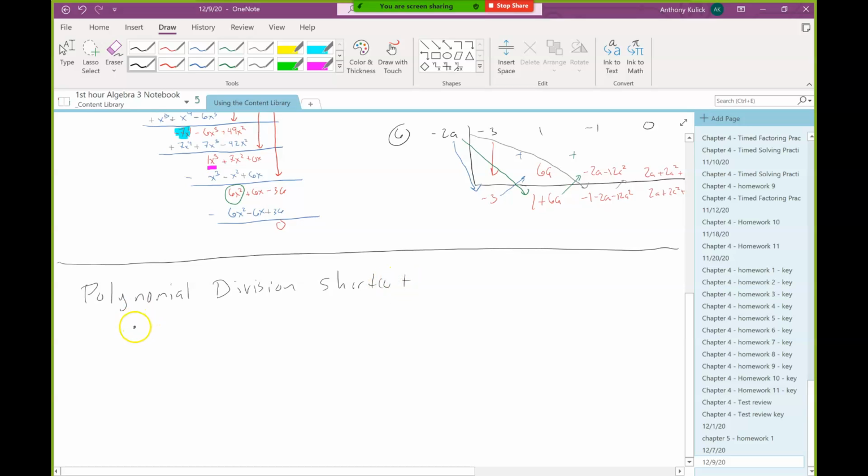It's called synthetic division. And like all shortcuts in mathematics, it doesn't mean we can use it all the time. We can only use it in certain situations.